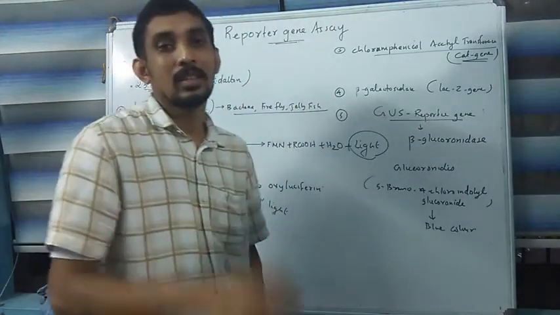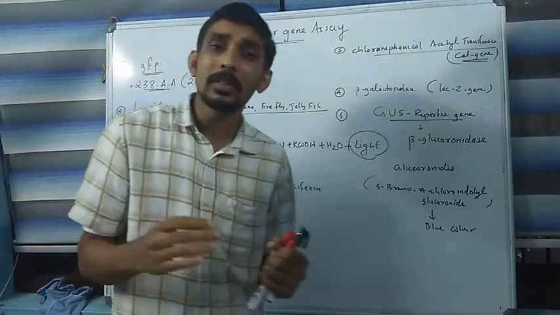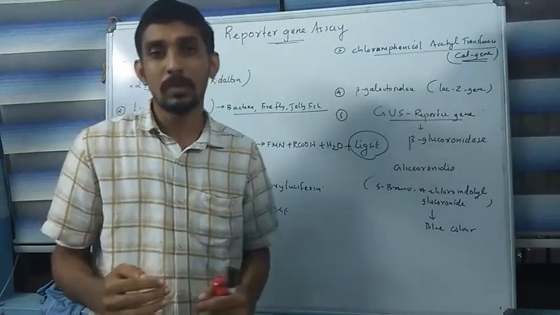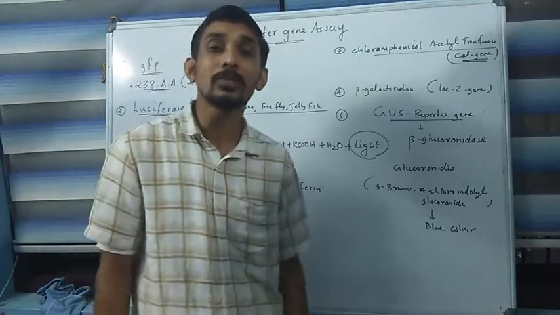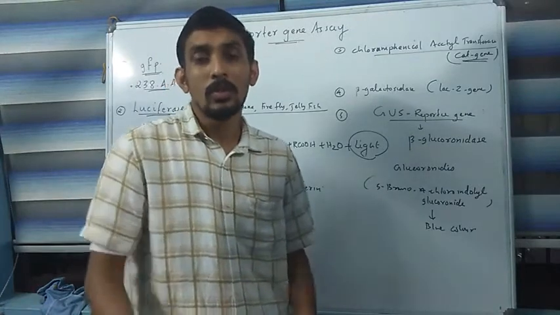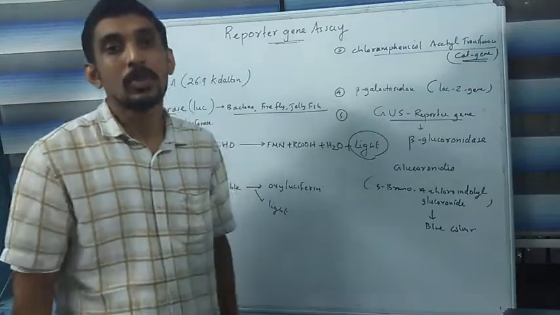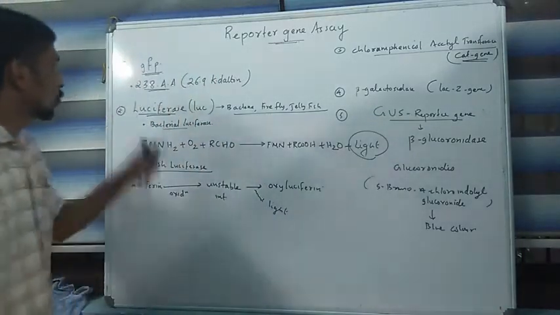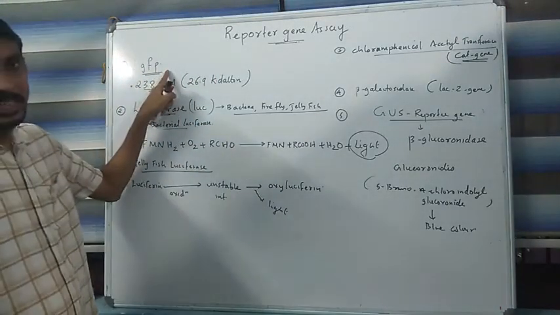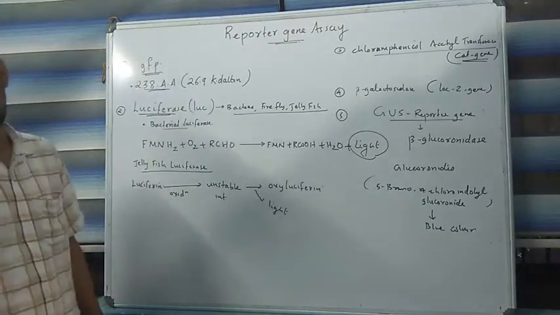In biotechnology, we can find many different kinds of reporter genes. Here we are going to study a few examples of reporter gene assay. First of all, let us move to the first reporter gene, that is GFP.